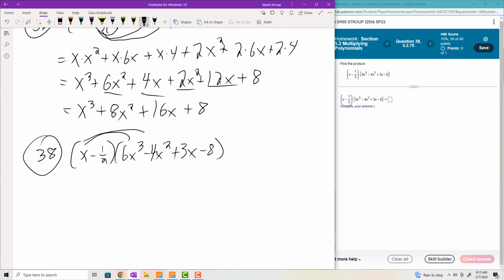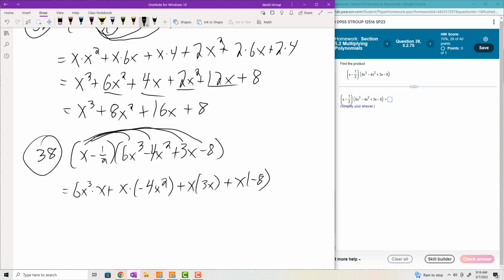So again, it's just distribute. So I have 6x cubed times x, plus x times negative 4x squared plus x times 3x plus x times negative 8. And then distribute the negative 1/2. And if you want to, you can write it in the vertical format to align the variables.